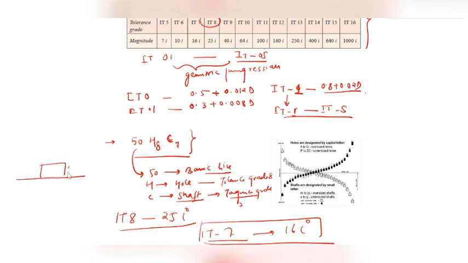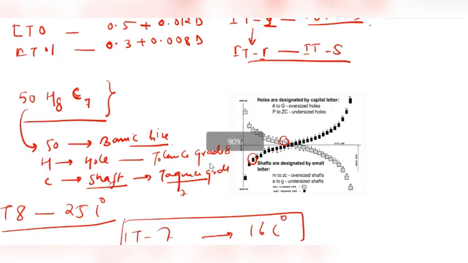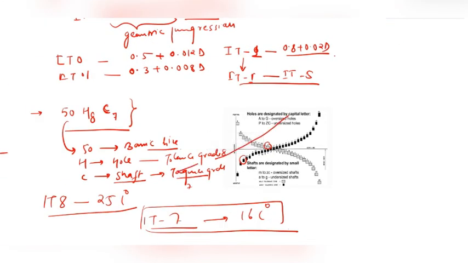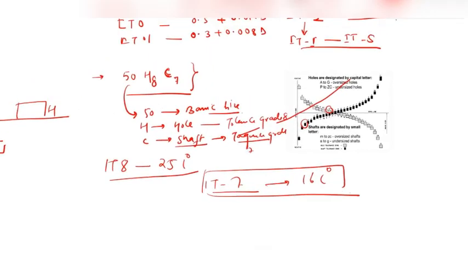So this is the H and this is the c. If we zoom in slightly, we can see this is the H and this is the c. So it is a kind of clearance fit between the hole and shaft assembly. So this is the basic representation of any shaft and hole. Now further we'll see through numericals how to determine the allowance, tolerance and other values for any given hole and shaft assembly.